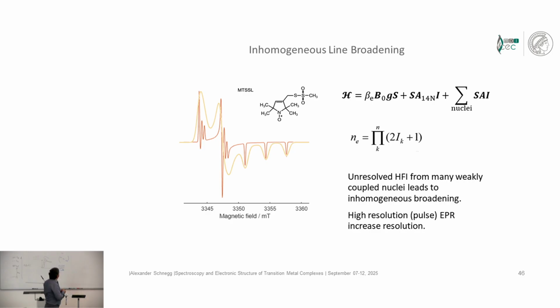And they are usually covered by the line width of the EPR spectrum. Shown here is an example of such a small nitroxide molecule, which is frequently used as spin label, but this is not so important here. Measured at W band, which is 95 gigahertz, and these are simulations assuming two different Gaussian line widths, and the most dominating term to the Gaussian line width is coming from this equation here, which I have already introduced.